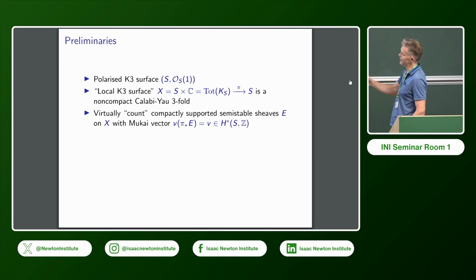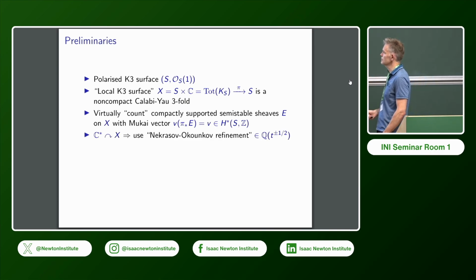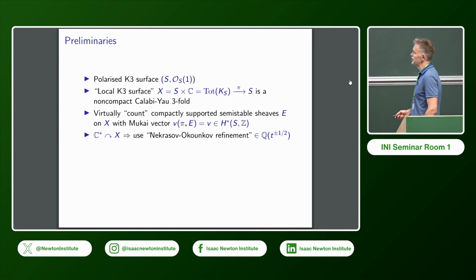And they're always going to have a fixed Mukai vector or Chern character, whichever you prefer. That'll be denoted V. It doesn't matter which you use. We're going to use the C star action on the fibers of the canonical bundle to refine everything by working equivariantly. So I will explain this Nekrasov-Okounkov refinement.